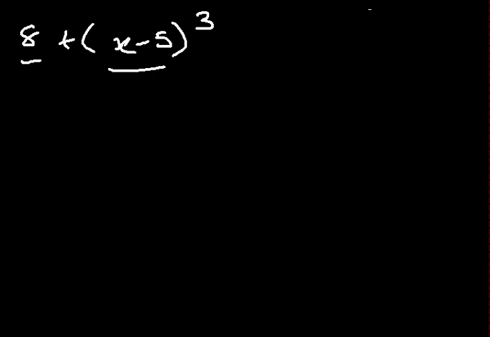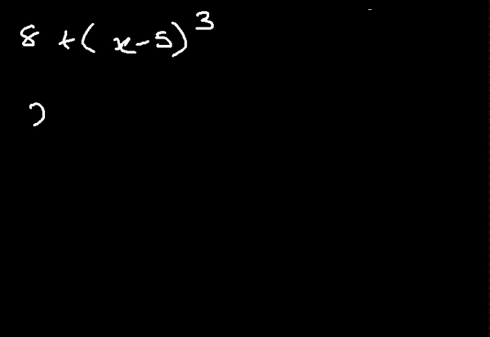How about we have this? Let's say we have 8 plus (x minus 5) cubed. So how should you be able to factorize this? Now we have the sum of two cubes, as you can see. So what is the working principle?